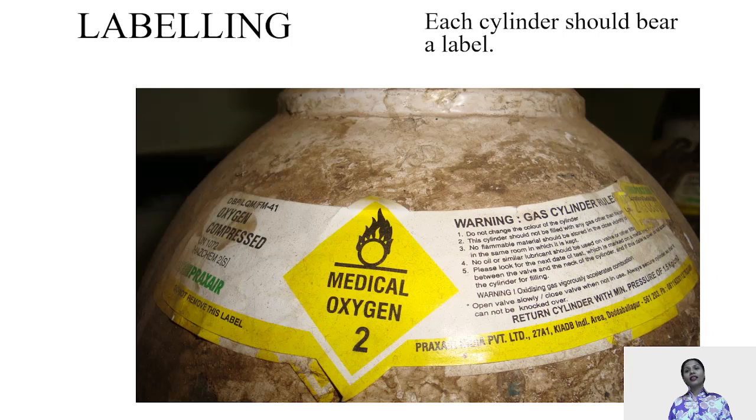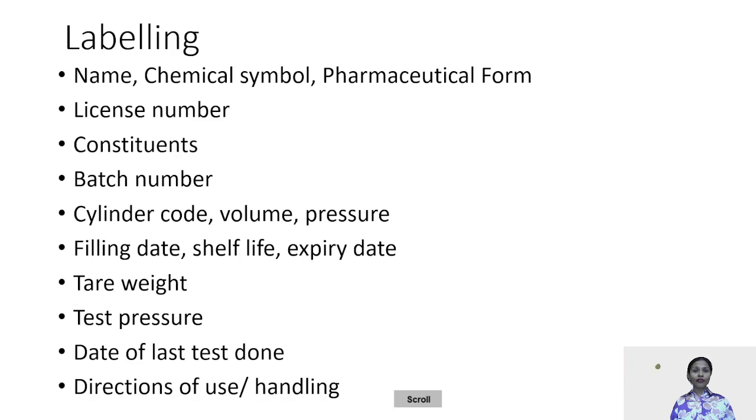Moving on, each cylinder has a label attached to it which is meant for identification of the cylinder. It has various batch numbers, codes, volumes, pressures, the filling date, the tare weight, and the test date, when the cylinder was actually tested.